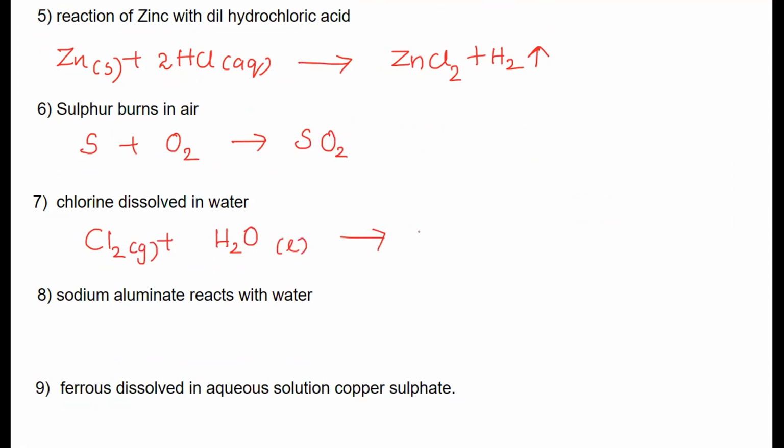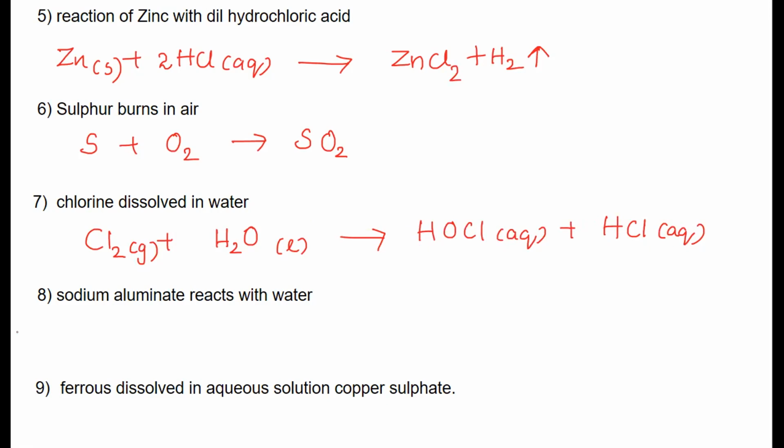Hypochlorous acid HOCl will be formed, plus HCl. This is the reaction of chlorine with water. Chlorine when dissolved in water, hypochlorous acid HOCl plus HCl will be formed.